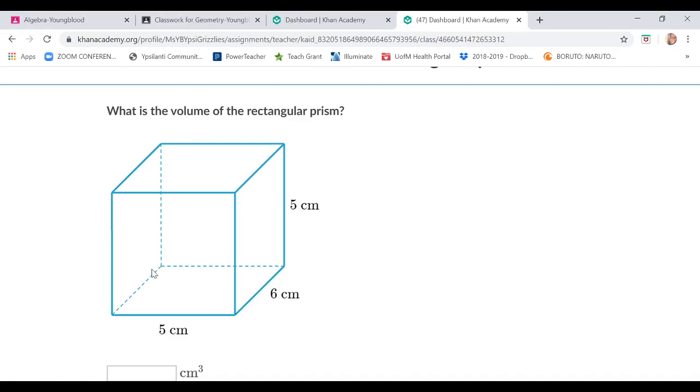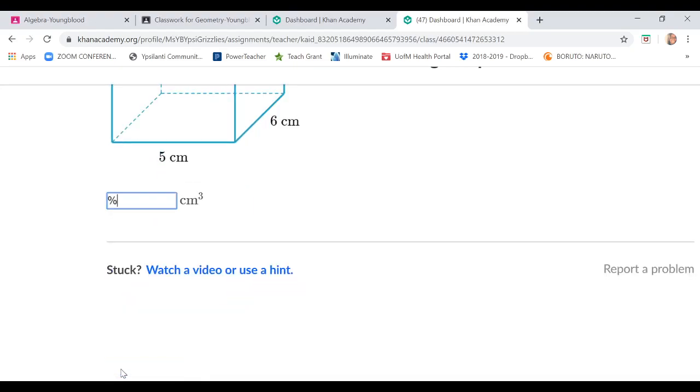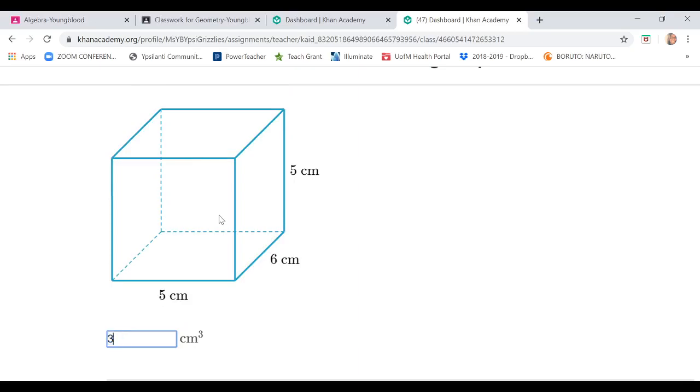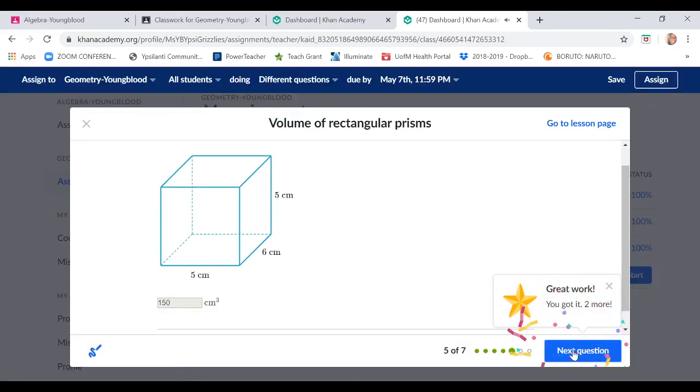If this is our base, 5 by 6, we want to find that area. 5 times 6 is 30, so the area of our base is 30. Here's our other base with an area of 30. The height is this line here, 5. So we're going to do 30 times 5, and 30 times 5 gets us 150 cubic centimeters.